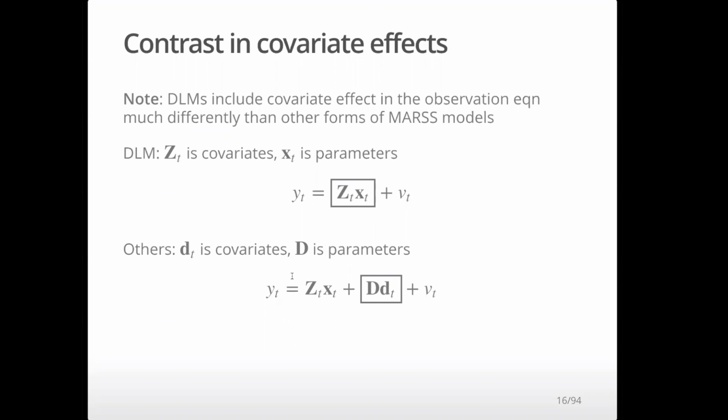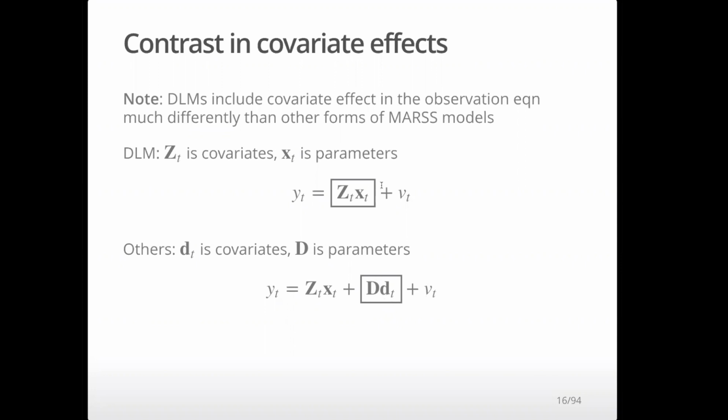But in a typical MARSS model, we've been saying, no, this is some mapping of states onto the observations, right? In a DFA model, these were unknown parameters that we tried to solve for. In a harbor seal example, these contain just ones or zeros. And then we said, well, if you've got covariates, those go over here. We've got the covariates at time t and the effect of those covariates, the parameters.